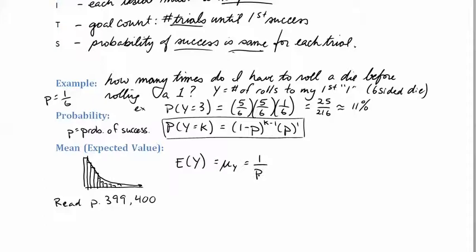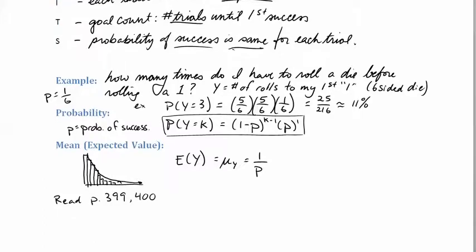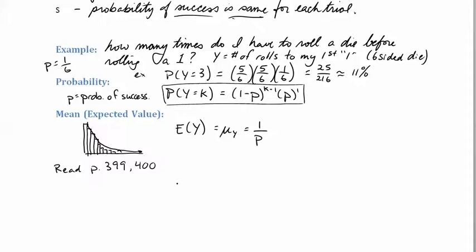Okay, so we've now looked at the case where P of y equals k. You can also do the probability of y being less than or equal to k. In that case, it would be the probability of y equals 1, plus the probability of y equals 2, and so on all the way to the probability of y equaling k.